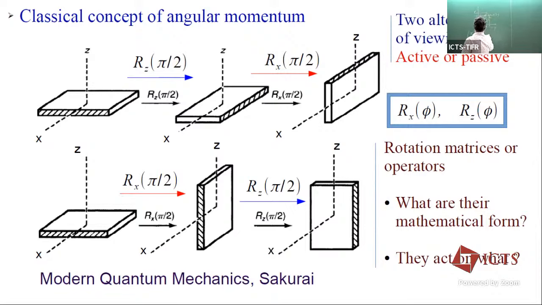This will be cos phi, minus sine phi, sine phi and cos phi, relating x prime, y prime to x and y. So similarly, this is the rotation matrix, which is Rz of phi. So this is rotation.